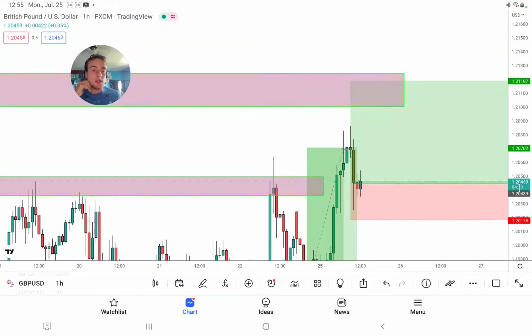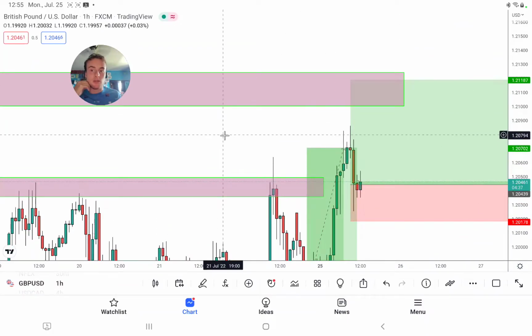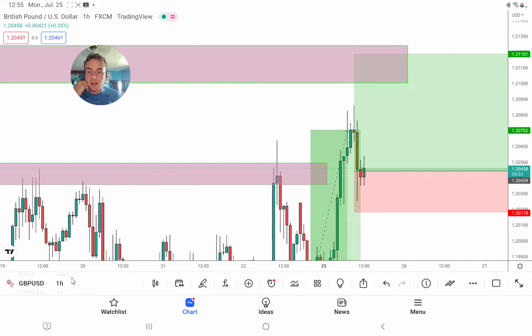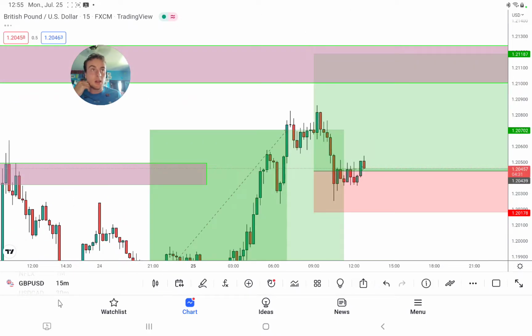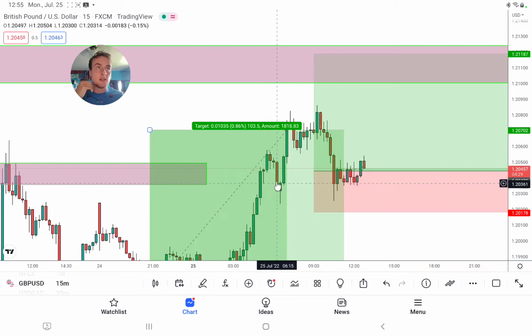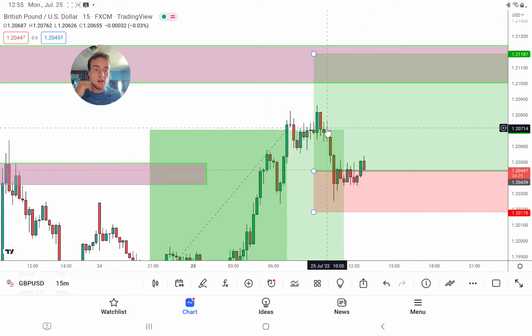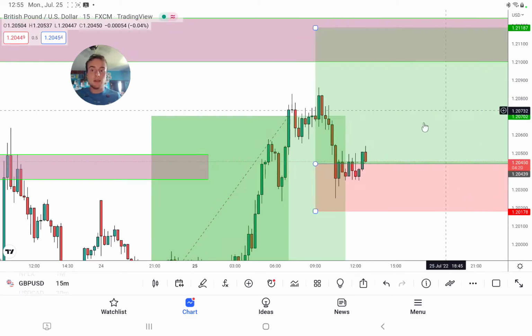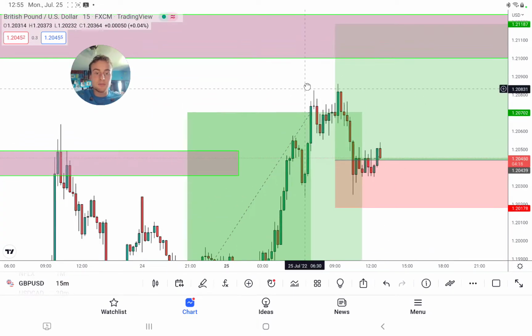And I ended up closing after we broke this resistance. You can see we were kind of getting extended here. I'll go to the lower time frames. So I closed right here because I saw we were at the tail end, the London close basically.